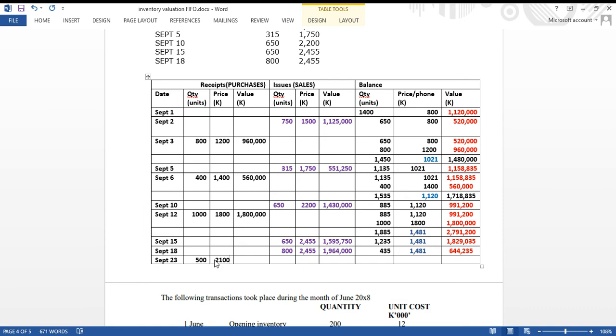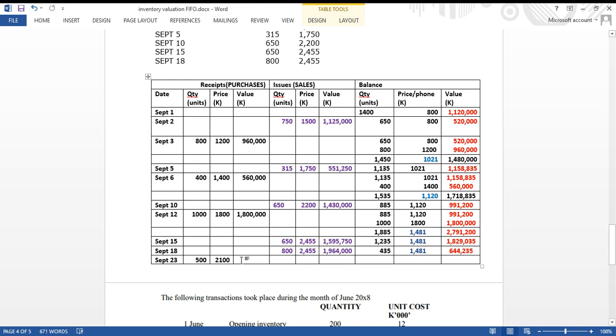It will affect the balance if no sale has been issued. When you purchase, your units have increased in your warehouse. As I said, when you purchase, that's where you now find the average. So as you can see here, we've purchased 500 units at 2,100.